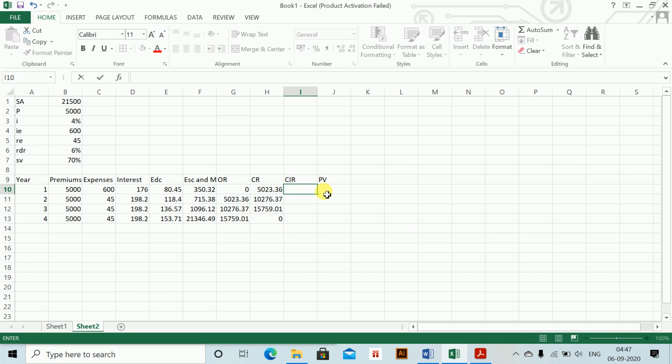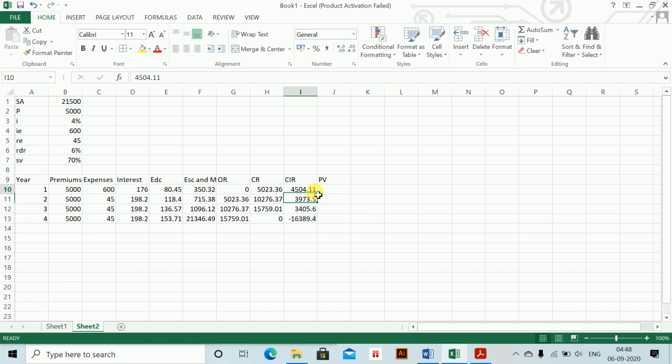So again I'm just writing the formula: 4504.11, 3973.50, 3405.60, and minus 16389.37.